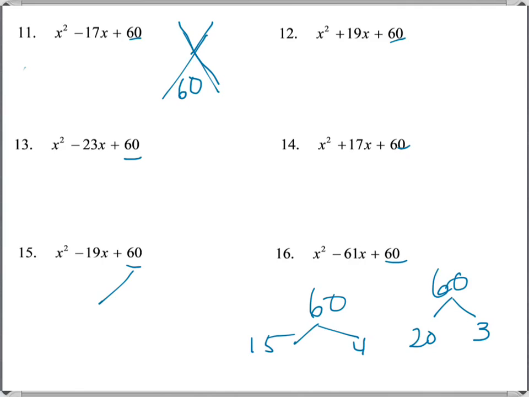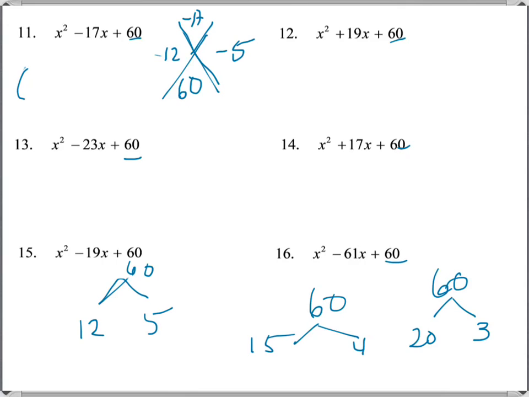It can also be, let's see, 12 and 6. No, 12 and 5, rather. 12 and 5. Oh, that must be it. So that's negative 17. It must be negative 12 and negative 5.